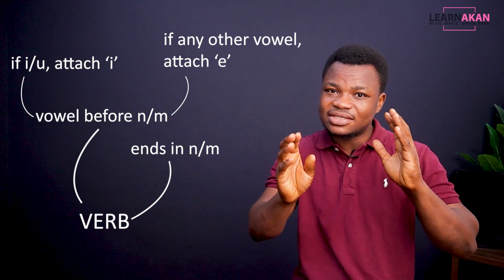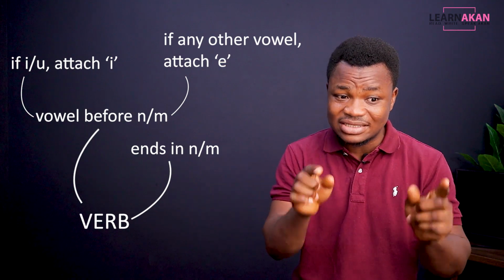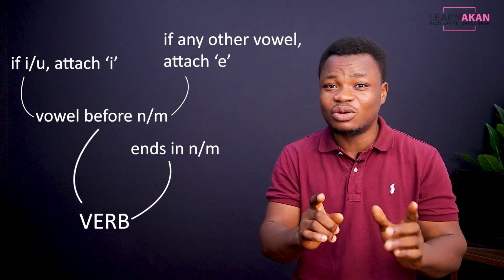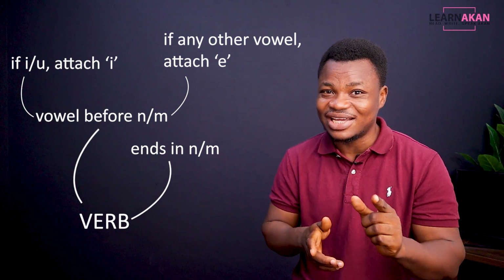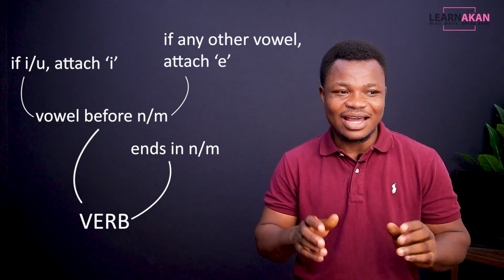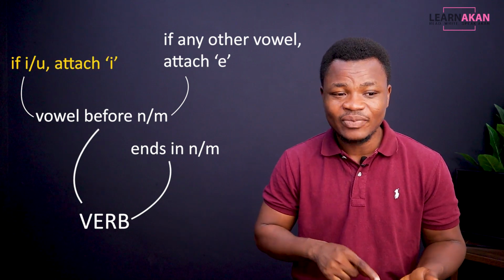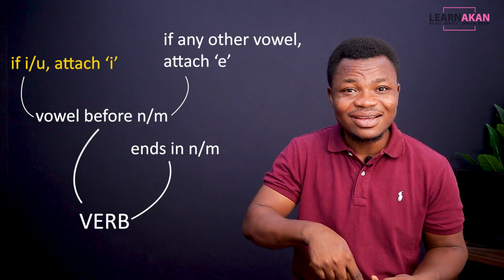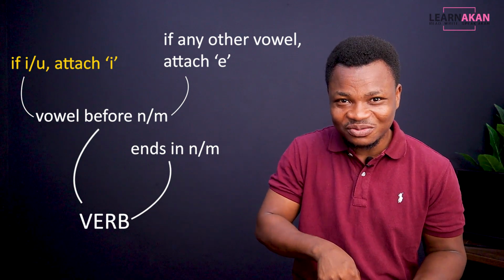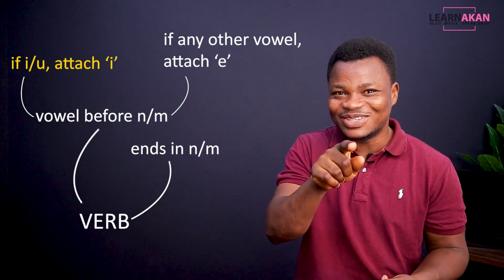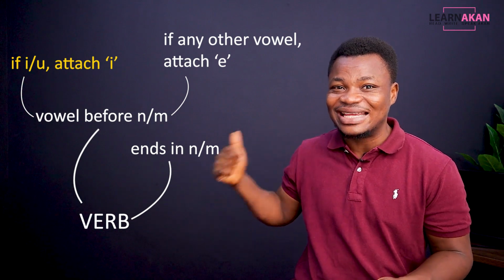Okay, I know this is a bit complex now, but I'm very sure when we get down to the examples, you are going to get it. So have patience. Now, if the vowel that comes before the n is either an e or an u, then you choose e.